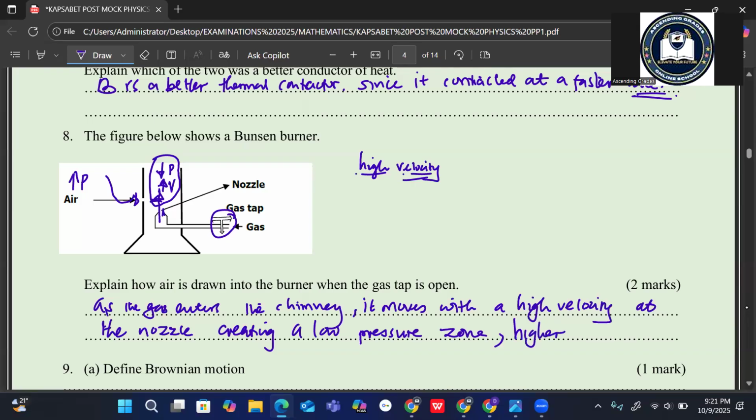Then higher atmospheric pressure forces the air into the chimney through the air holes.